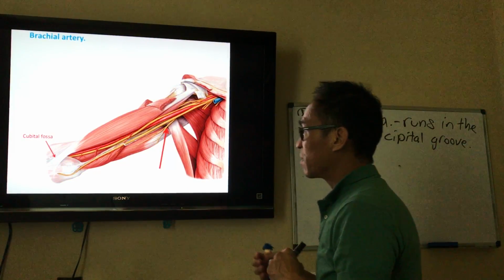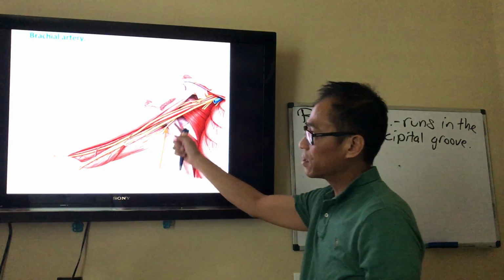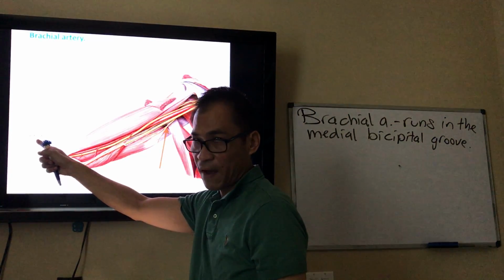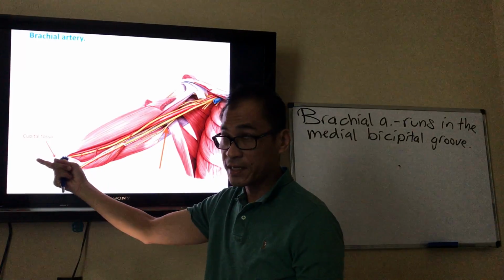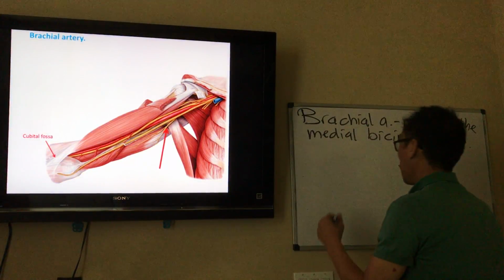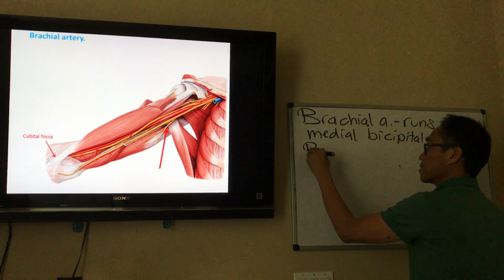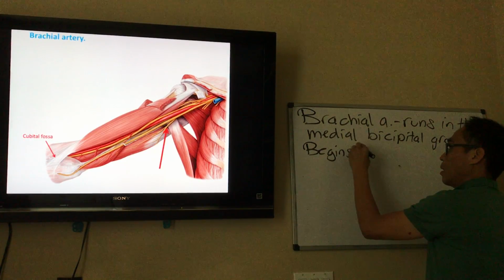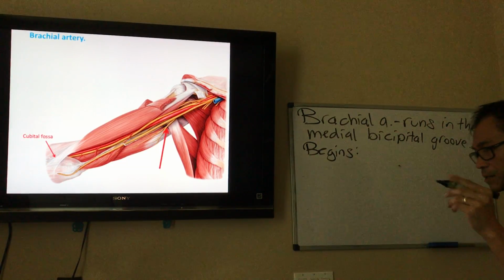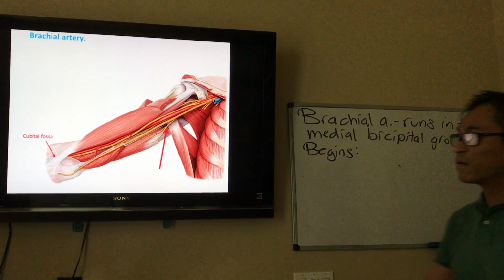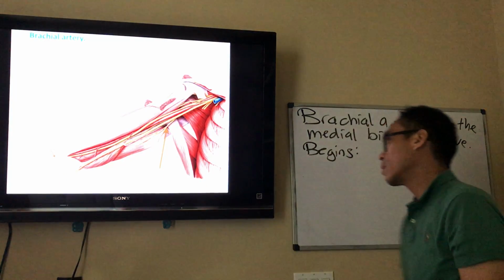Here we see the limits of the brachial artery, where it begins and where it ends, the cubital fossa, or antecubital fossa, as I just wrote. So the limits of this artery, where it begins, where the axillary artery ends, at the inferior border of teres major.